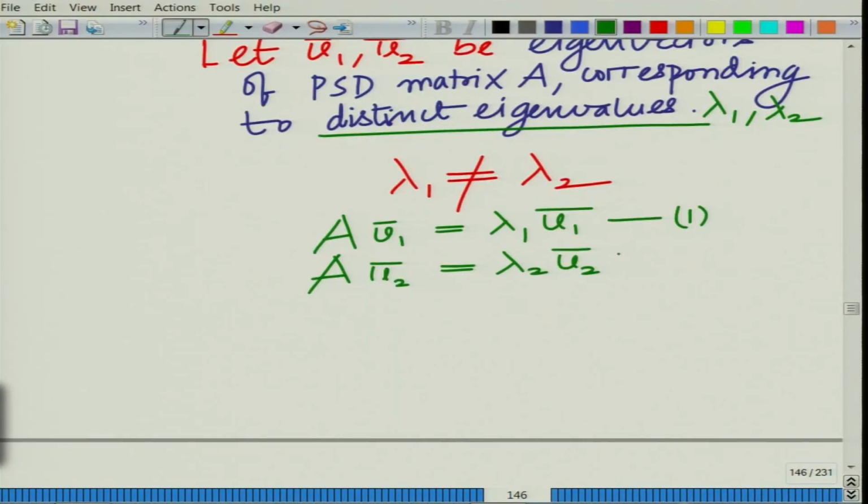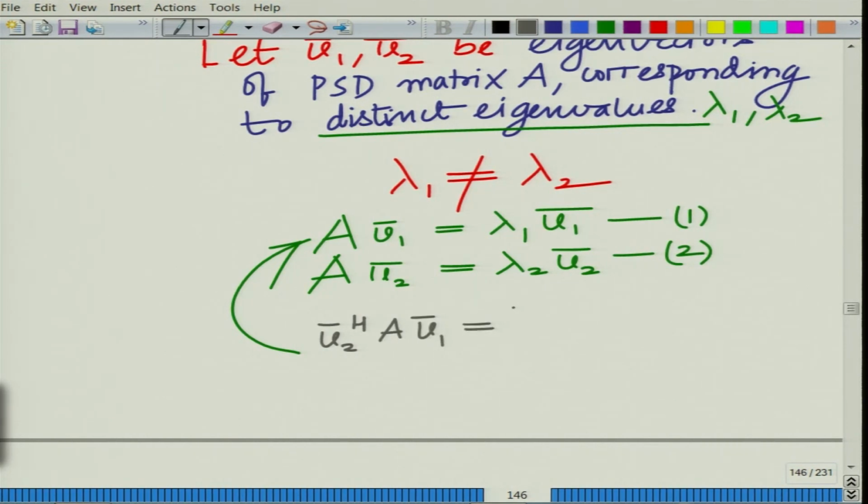Let us start with equation 1, perform u2 bar Hermitian A u1 bar, this is lambda 1 u2 bar Hermitian u1 bar, right.